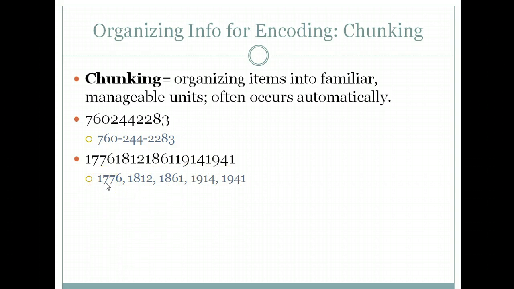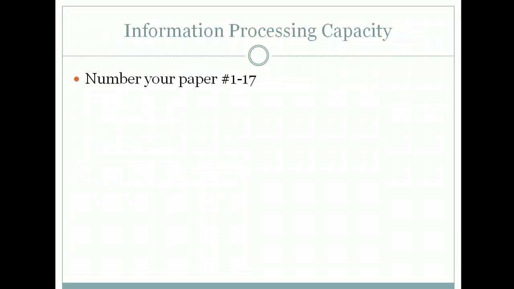So War of Independence, War of 1812, the Civil War, World War I, and World War II. And in class we will do this activity where we're going to test how much information you can really process and remember at any one time.